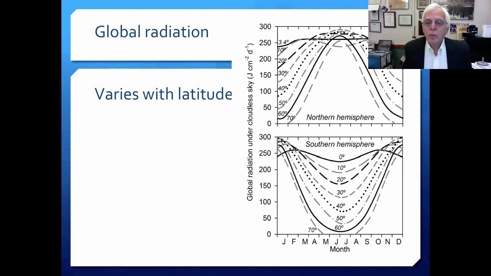So basically what you're seeing is different latitudes over here, in the northern hemisphere and in the southern hemisphere. You can find where you are, and this will show you just about how light flux varies. It's a very regular sinusoidal pattern that varies monthly.